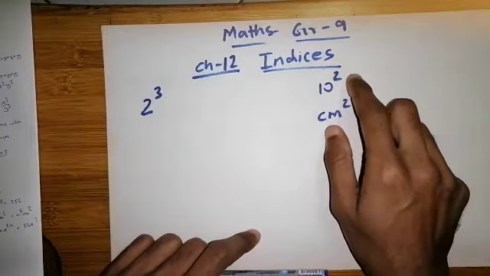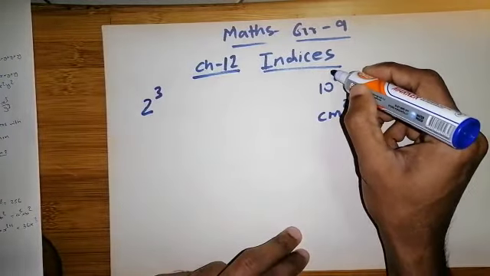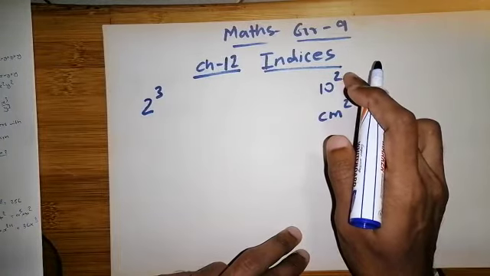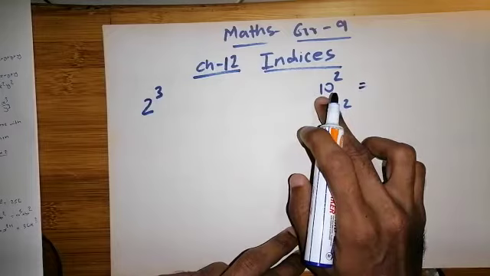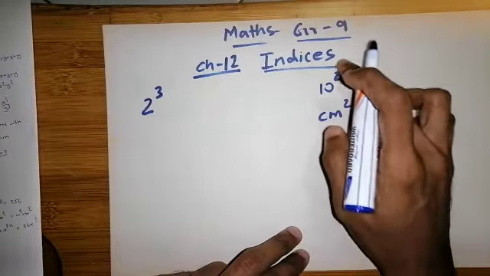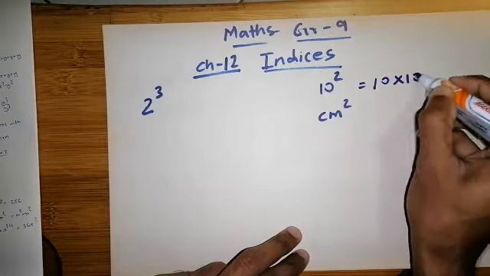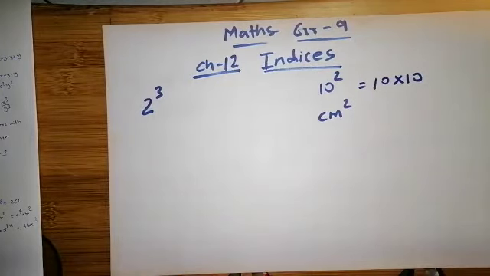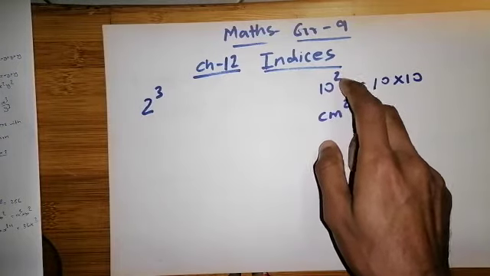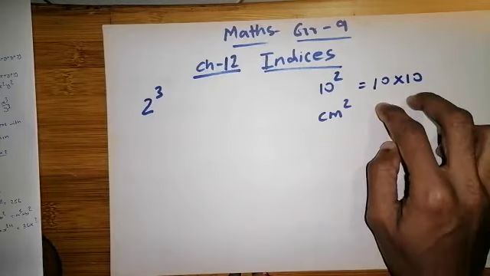So what does that mean? 10 to the power 2, what does that mean? The upper number has the value 2, so that means this is not a single 10. There are two tens multiplied with each other, 10 into 10, because the upper number is 2, so there are two elements.